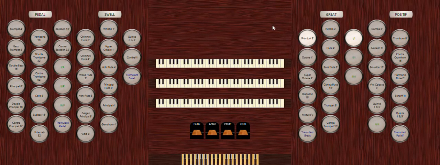So, here we have the most basic organ stop there is, the Principal, which are basic organ pipes, and 8-foot is standard pitch. An octave higher, 4-foot octave.